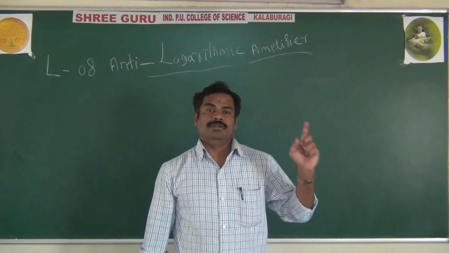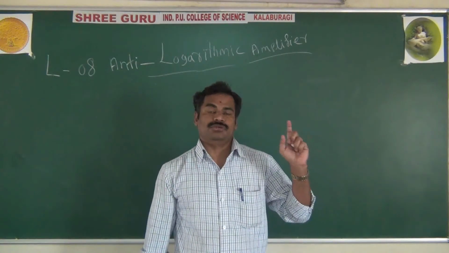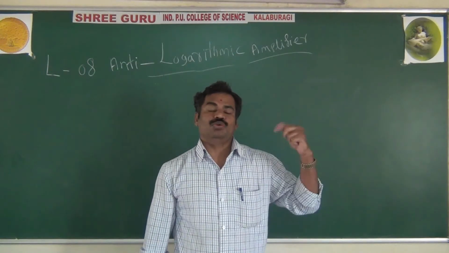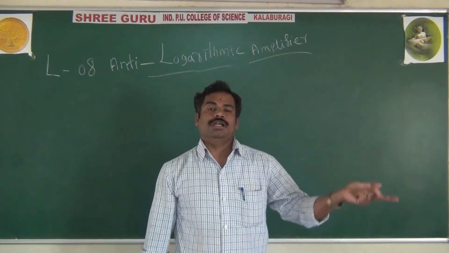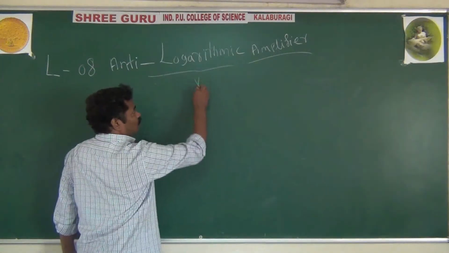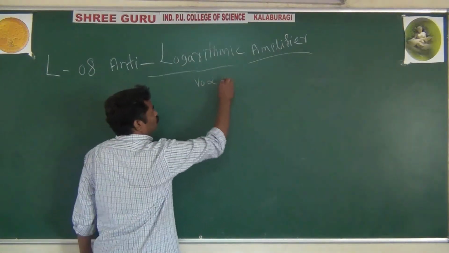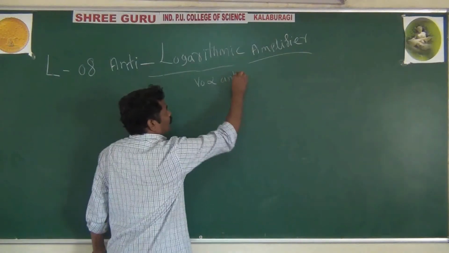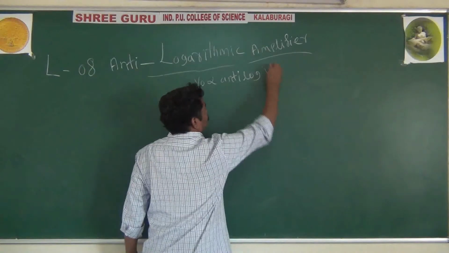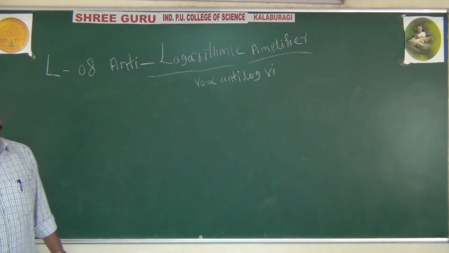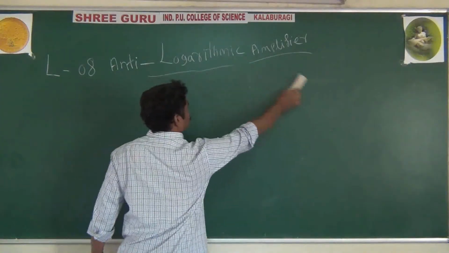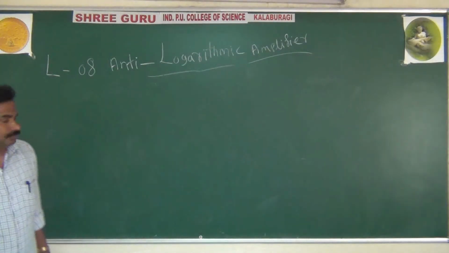Once again, the anti-logarithmic amplifier is a type of amplifier where the output voltage is proportional to the anti-log of the input voltage. We can derive this equation.